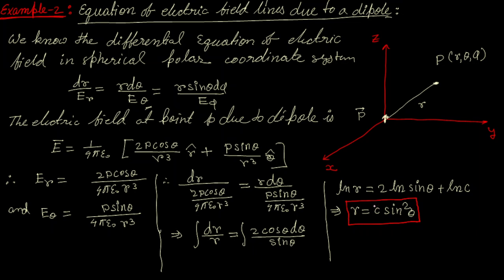So now if we want to draw the electric field lines, we have to draw this curve for different values of c. First case, let me just draw it again here. So we have the z-axis, and then this is our y-axis, and this is our x-axis.